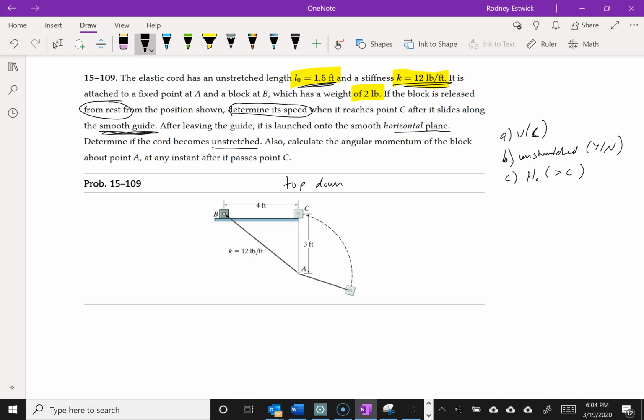So out here it's stretched, I guess it's a 3, 4, 5 triangle. So if this is 3 and this is 4, then this must be 5 by geometry. So stretched to 5 feet, there's some energy in it. And then stretched to 3, there's less energy in it, but still some. So we got to figure that out.